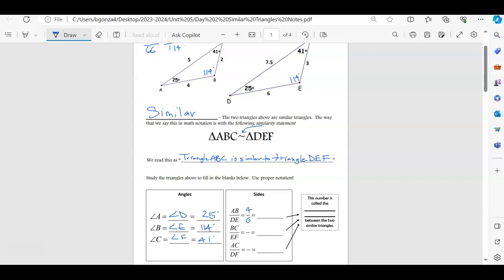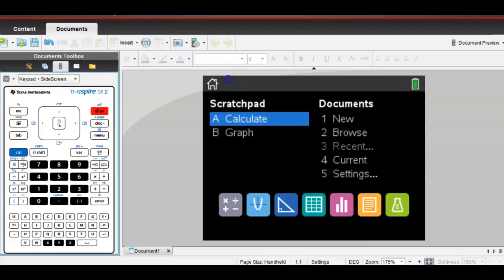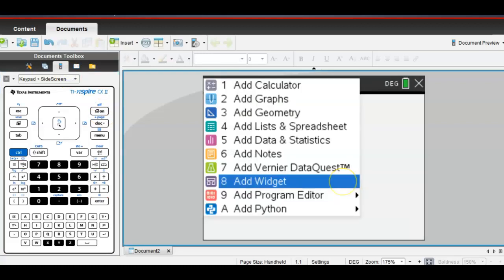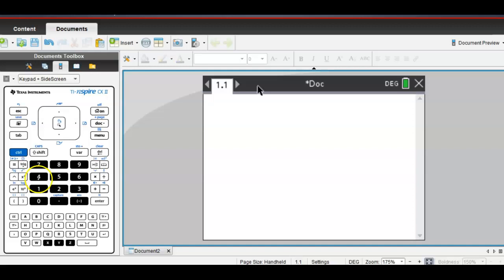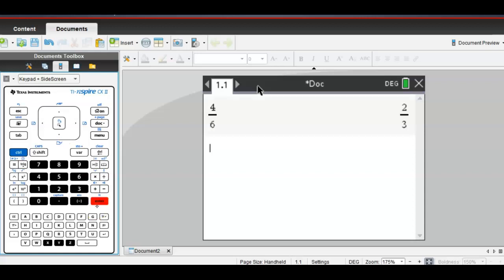All right. Now 4 over 6, if I go to my calculator, new document, don't save, if you just type it in, it'll reduce it for you. Now I hope you can reduce a fraction on your own, okay? 4 over 6 is 2/3. If you get control divide, you can see that 2/3 is 0.6 repeating, right?